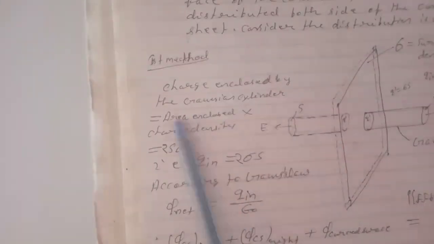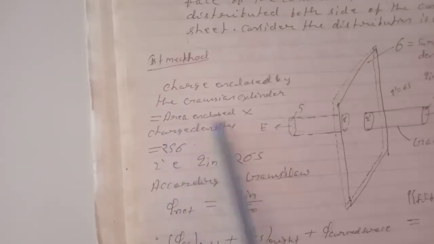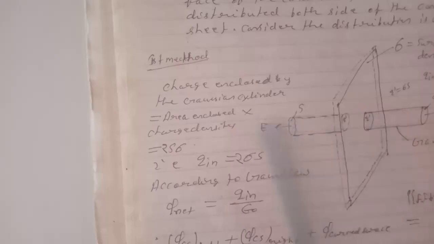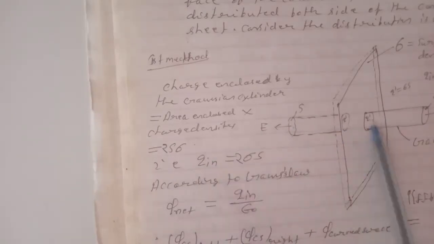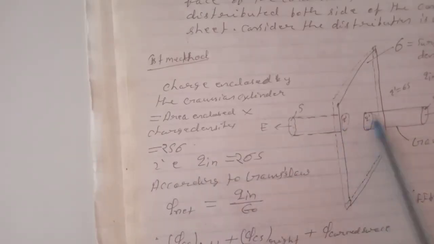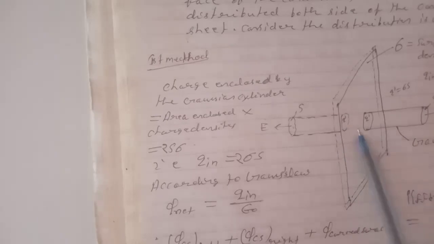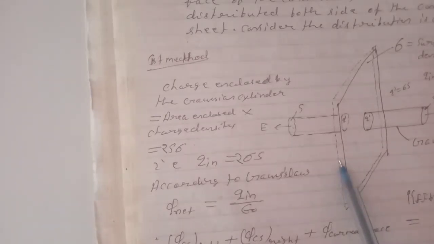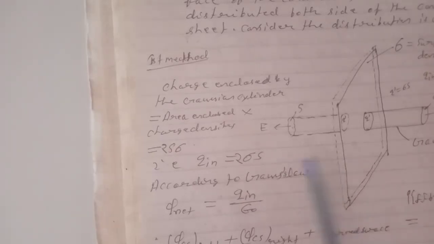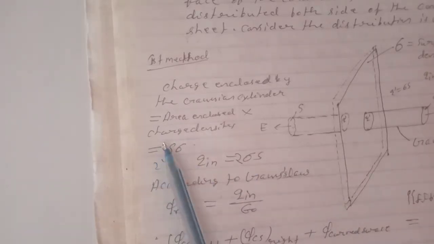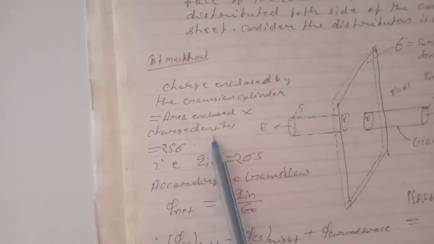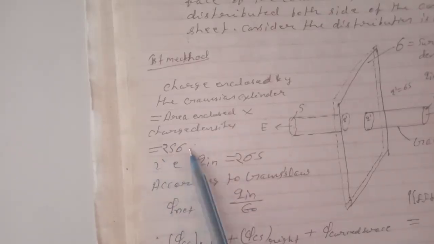So the charge enclosed by the Gaussian cylinder is the area enclosed by the Gaussian surface into the charge density. This whole area is enclosed by the Gaussian cylinder, so the area enclosed into charge density gives 2S into sigma.